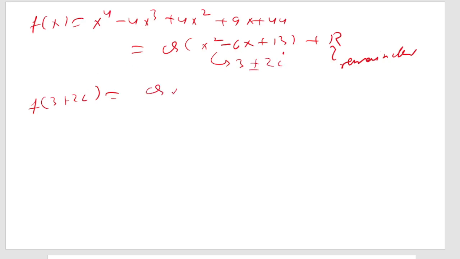So q into 0 plus remainder, so we get the remainder. So what is the remainder here? It is the remainder when x to the power 4 minus 4x cube plus 4x square plus 9x plus 44 is divided by x square minus 6x plus 13.